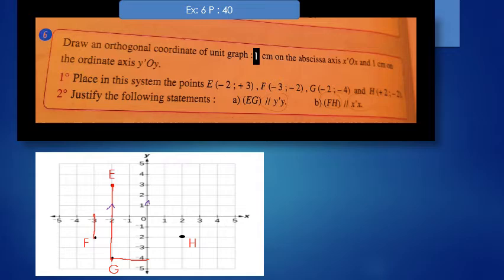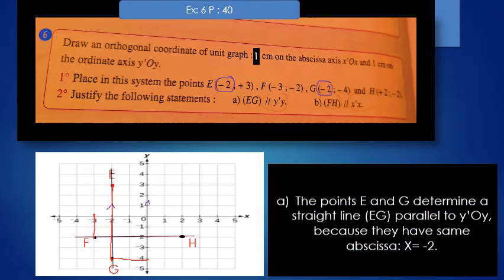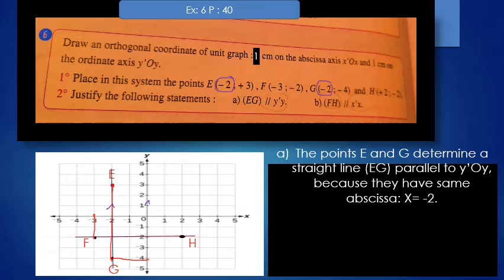Okay, let's look at points E and G. Here is point E of abscissa minus 2 and G of abscissa minus 2. Then the line formed by EG is parallel to y prime y. Justification: because they have the same abscissa, x equals minus 2.